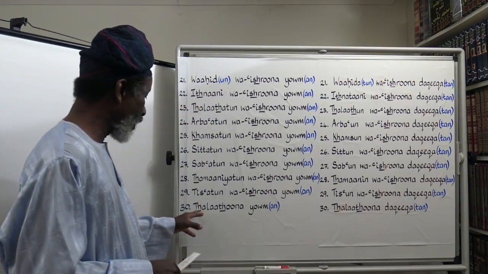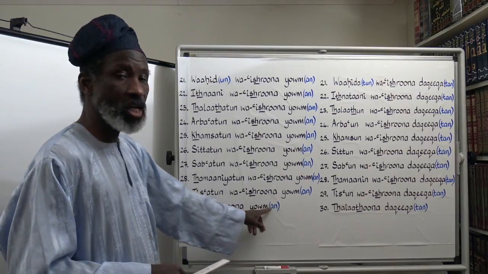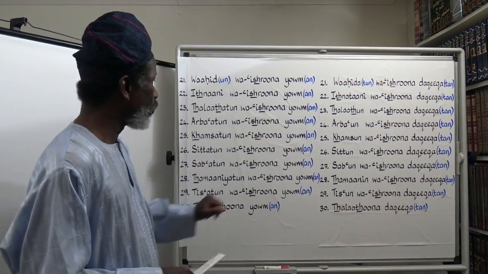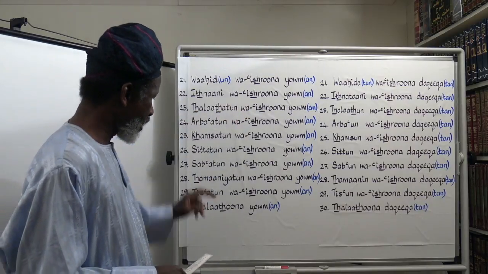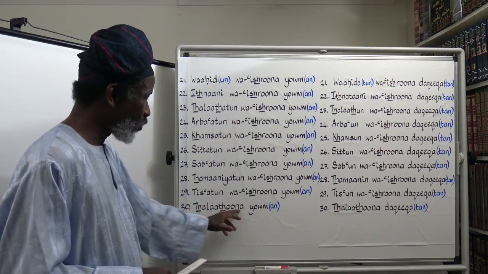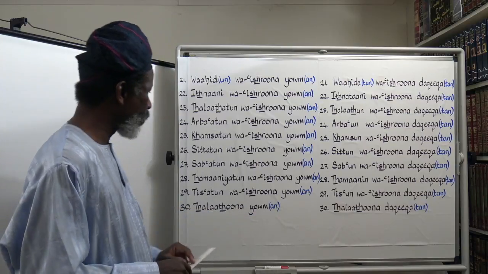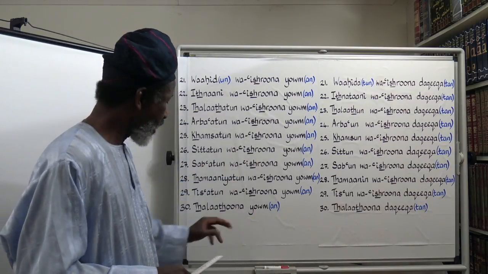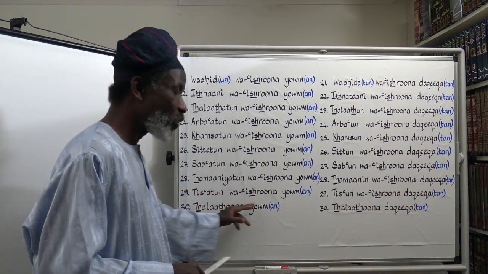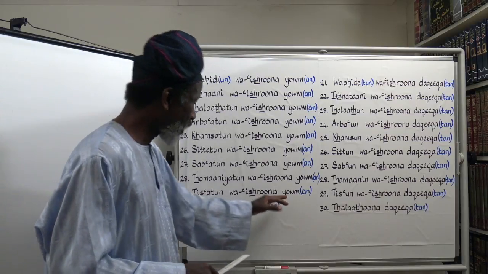So if you want to say 31, you say واحد وثلاثون يوما. 32 يوما. 33 يوما. 34 يوما. 35 يوما. 36 يوما. 37 يوما. 38 يوما.